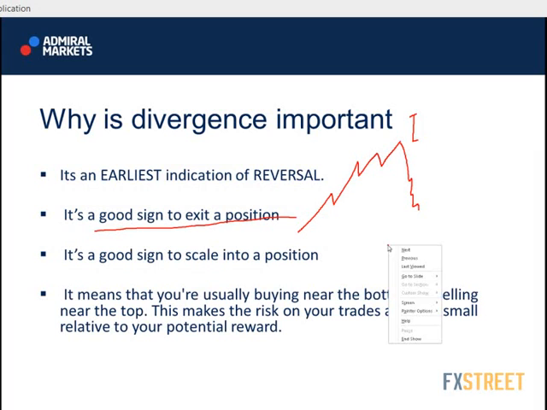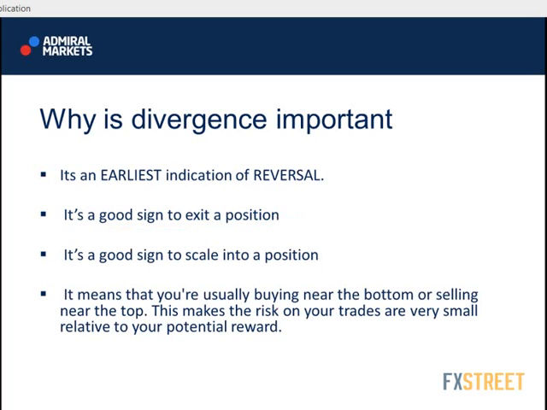The big merit of trading divergence is you're usually buying near the bottom or selling near the top. And that will make the risk on your trades small relative to your potential reward. Okay? Because if you want to go long and you know that the trend is to the short side, you need that very important support plus divergence to get you in very early.